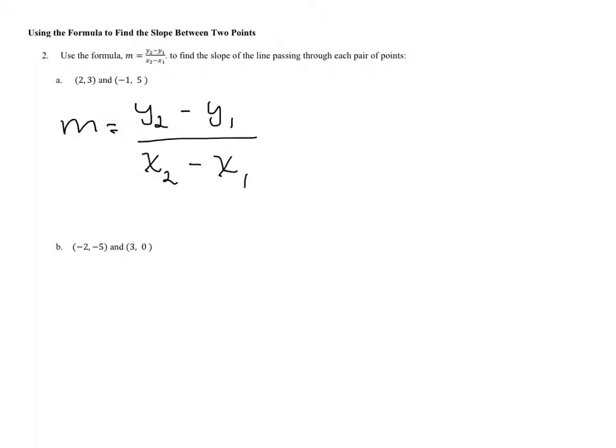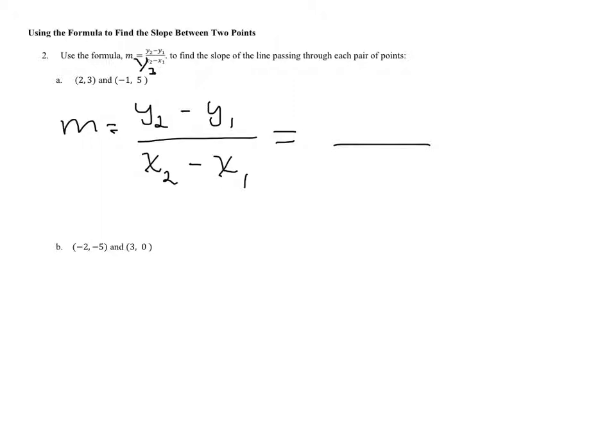Okay. And it makes sense because your y's are always your vertical movement and your x's are your horizontal movement. y2 is the y coordinate of the second point. Oh, that didn't work out. Let me just erase that. Here we go. Back here, this is y2.